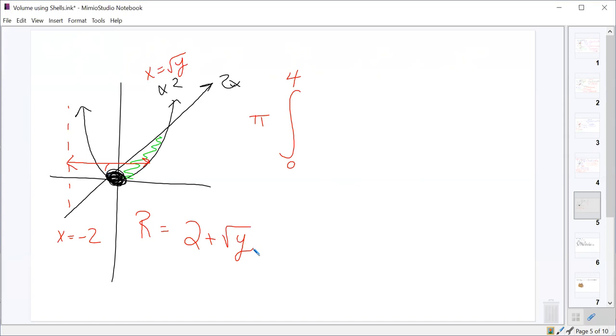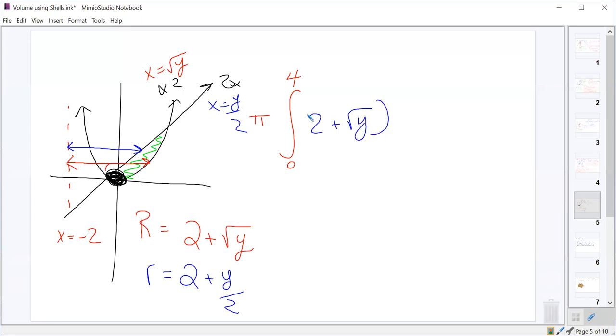Okay. And what should the inner radius be? 2 plus y over 2, remembering that this is x equals y over 2, and there's our inner radius. So the furthest right function minus the furthest left function. Okay. So nothing else changes. 2 plus root y squared minus 2 plus y over 2 squared dy.